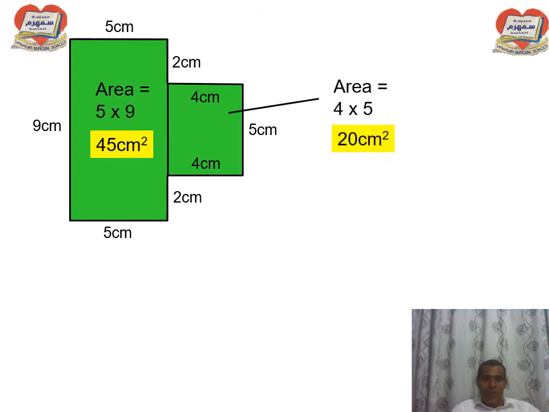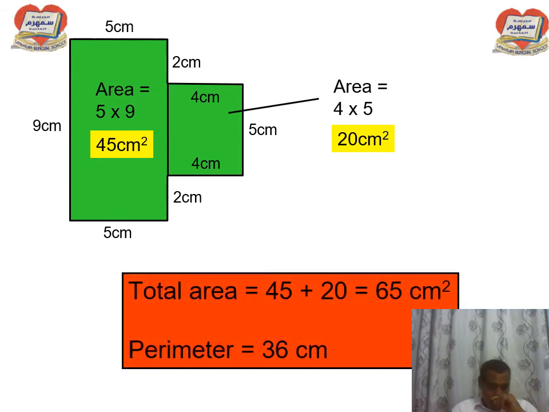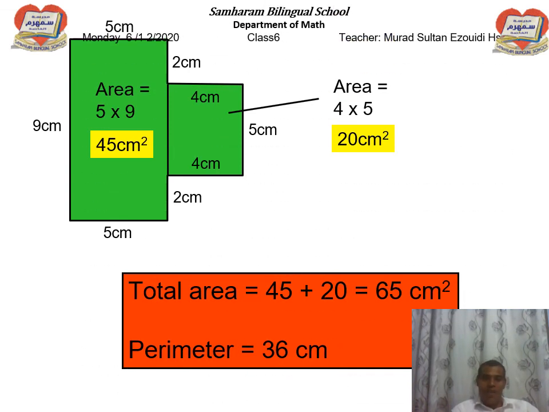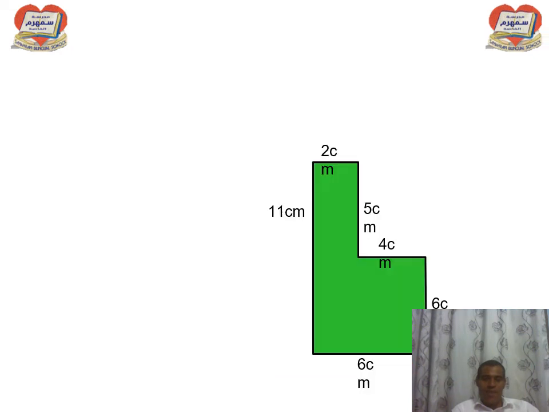That's why here the area of the small green rectangle is 20 and the big one is 45. To work out the total, just make the total of these 2 areas. Total area is 45 plus 20 gives 65 centimeters squared, and perimeter is 36 centimeters.